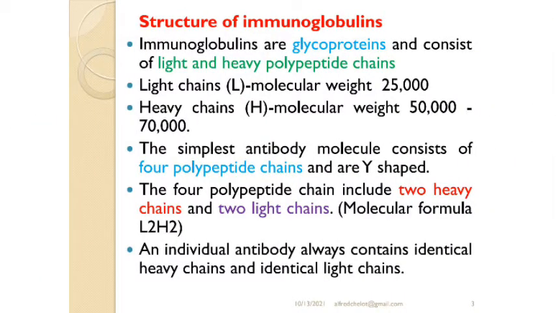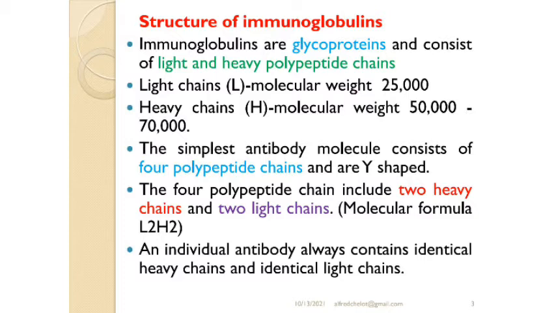Next we look at the structure of immunoglobulins. Antibodies are glycoproteins and consist of light and heavy polypeptide chains. Light chains, which are abbreviated as L, have a molecular weight of about 25,000, whereas the heavy chains have a molecular weight of about 50 to 70,000.